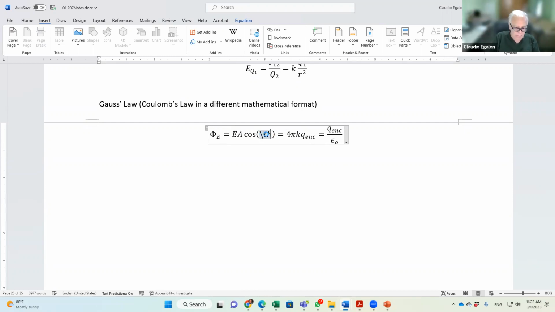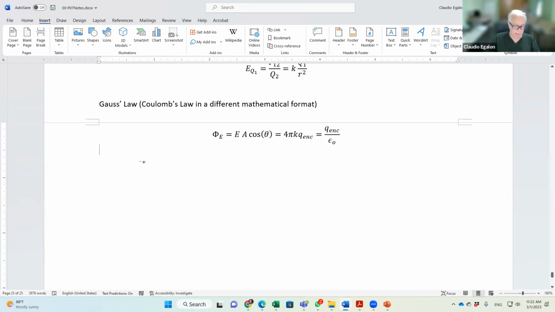I call this angle theta. Depending on the closed surface that you choose, you may have different angles for the same problem. Gauss's law.